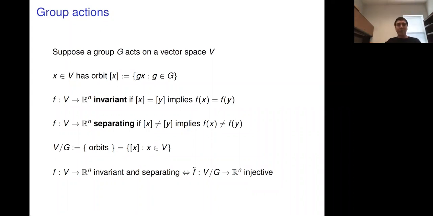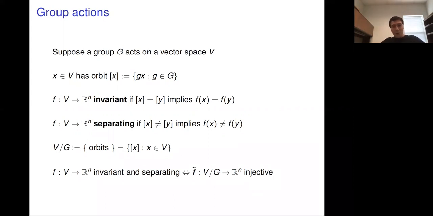Technically speaking, the domain of F is V. But since, if it's invariant, whenever I plug in two vectors in the same orbit I get the same output, I can think of it as a function on the space of orbits. But technically speaking that is a different function because it has a different domain.